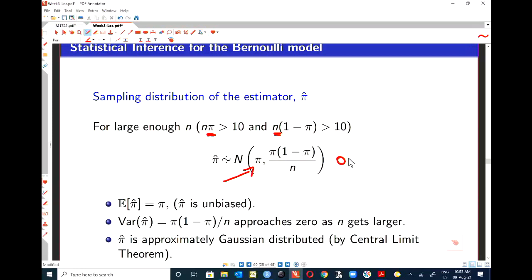Or, if I put z as pi hat minus the mean, over the square root of pi(1 minus pi) on n, I've standardized this, I've taken the mean away and divided by the standard deviation, and this is approximately normal 0, 1. Either way works.